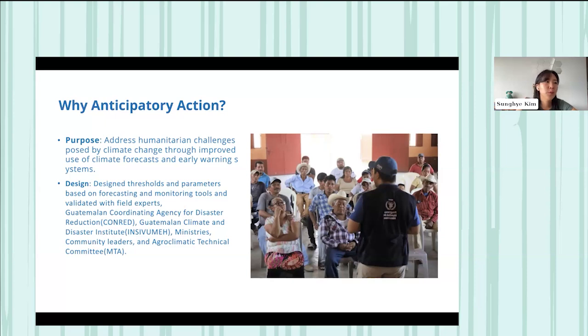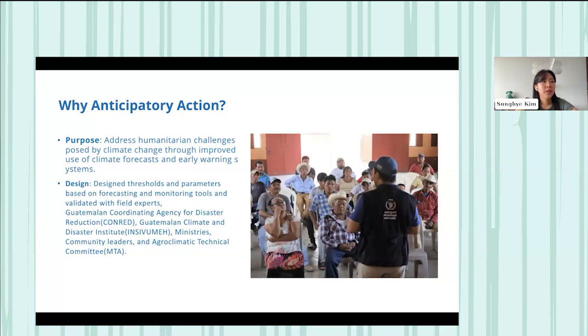This anticipatory action mechanism represents a paradigm shift, allowing for proactive measures to be taken before a forecasted event occurs. By doing so, we can facilitate the preparation of agriculture productive areas and mitigate significant losses seamlessly.